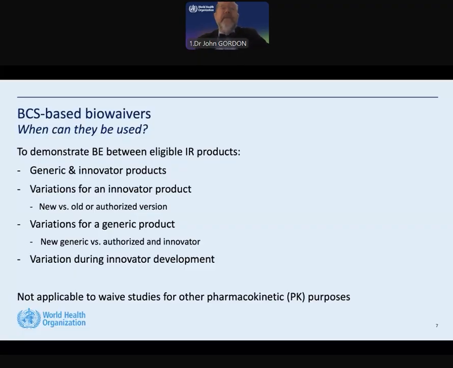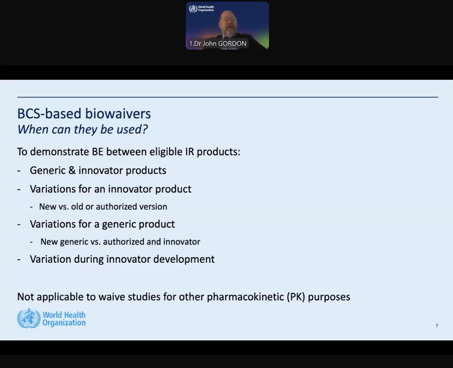So when are we using BCS-based biowaivers from a regulatory perspective? We're using them in situations where you need to demonstrate BE between eligible immediate release products. So for example, and probably the most common use, is when you're comparing a generic drug product to the innovator drug product, a product with clinically proven safety and efficacy. But there are other opportunities where a BCS-based biowaiver can be used.